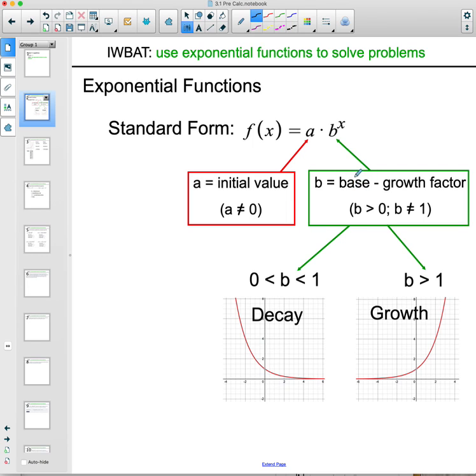If your growth factor is bigger than 1, so 1.4 or 2 or 1.03, anything bigger than 1, then you're going to be having exponential growth. Your initial value is going to be going up over time. So this 1 actually represents 100%. If your growth factor is bigger than 100%, you're going up. If it's lower than 100%, then it's going down.